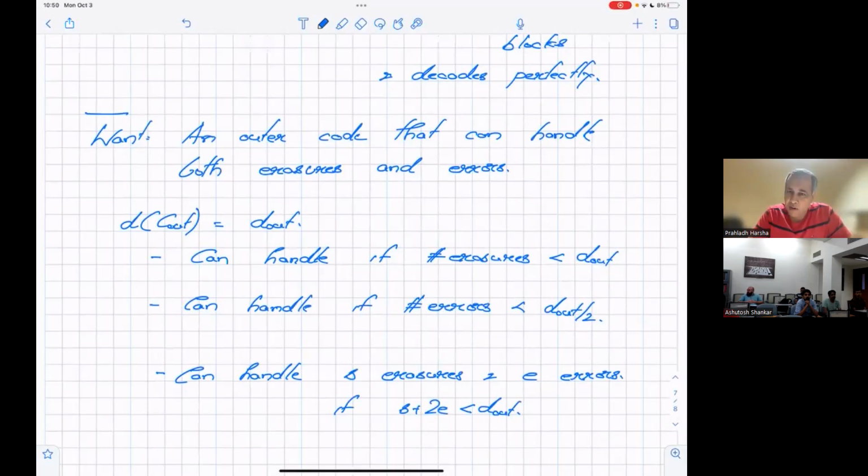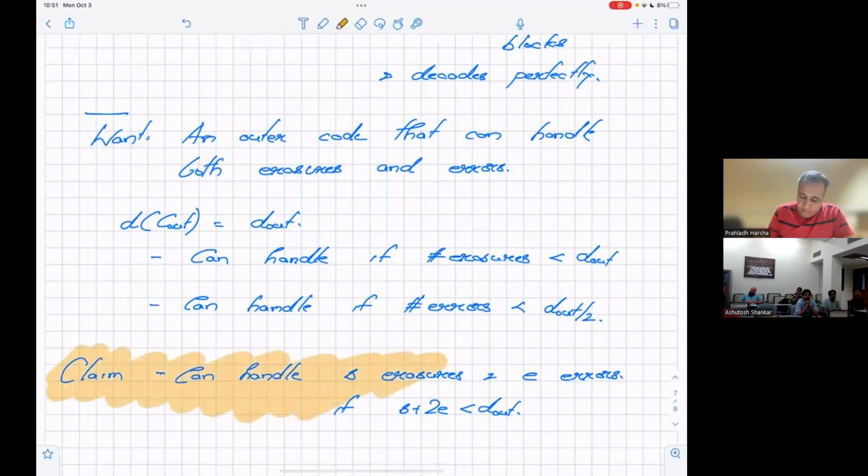I want to prove this claim. And I want to know if you believe this claim.